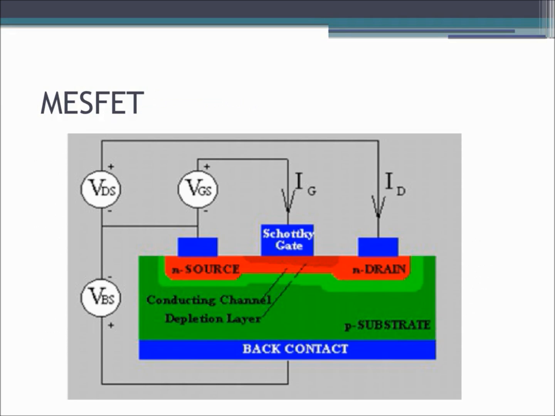As we can see in the picture here, the key advantage of the MESFET is the higher mobility of the carriers in the channel as compared to the MOSFET. The disadvantage of the MESFET structure is the presence of the Schottky metal gate. It limits the forward bias voltage on the gate to the turn-on voltage of the Schottky diode.